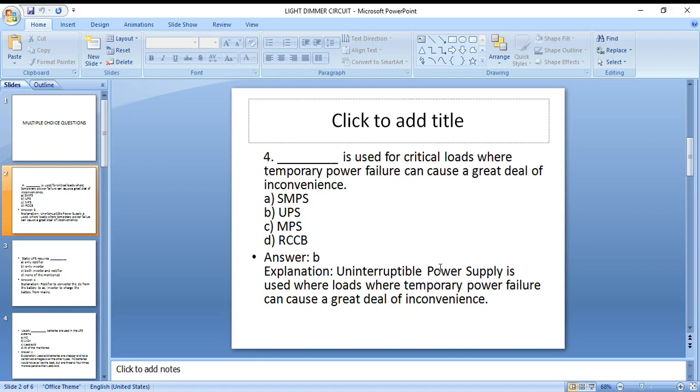In that case, we go for UPS for critical loads. Otherwise, for domestic loads, whenever continuity of power supply is required, we go for an inverter. UPS also has two types: offline UPS and online UPS. For critical loads, generally we go for online UPS.